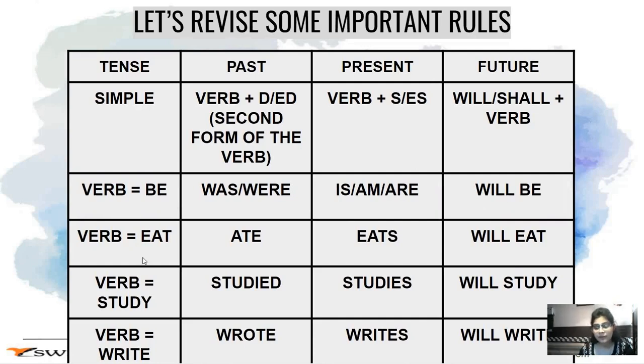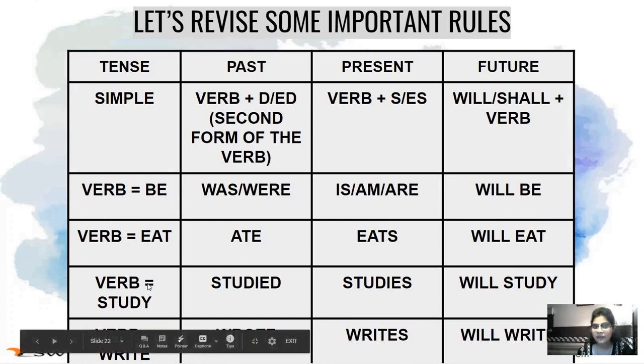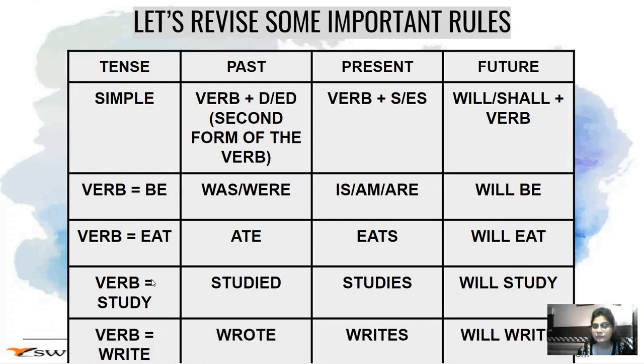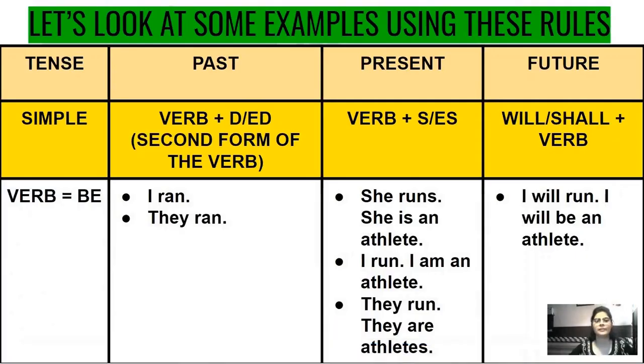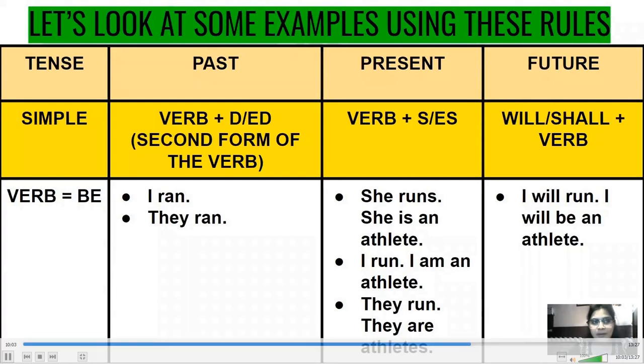When we talk about the perfect tense, we will use the second form, eats in present and will eat in future. When we talk about the perfect continuous tense, we will use studied, studies in present, and will study in future. Let's look at some examples using these rules.